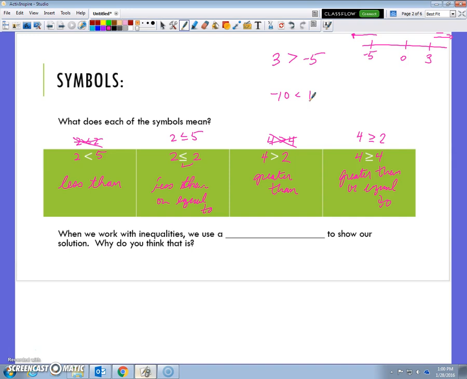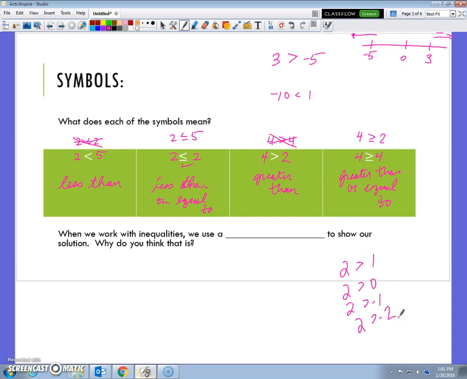Now, because we have inequalities, that changes what our solutions are going to be. We've solved equations in the past when we found x equals 2 or x equals 3. Well, now, instead of just having one answer, there are a lot of different answers. Because if I was comparing 2 to all these numbers, it'd be bigger than 1, bigger than 0, bigger than negative 1, negative 2, and I could go on forever.